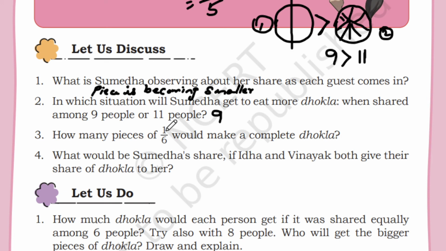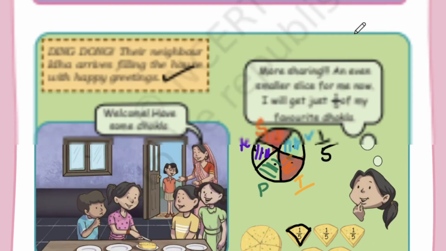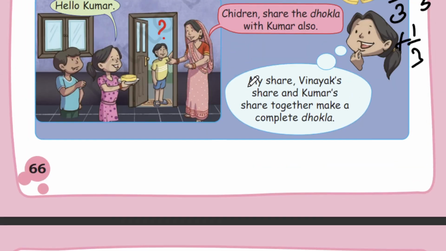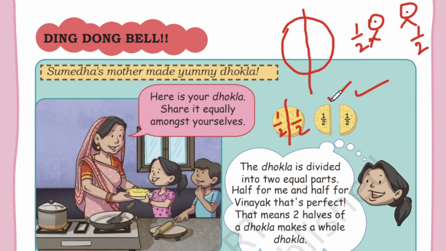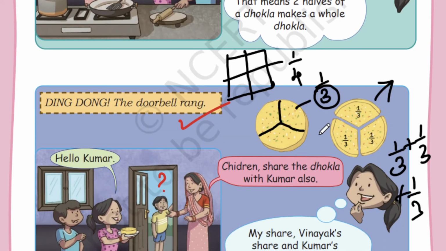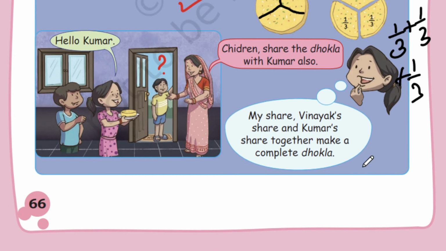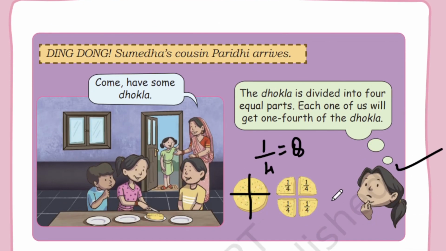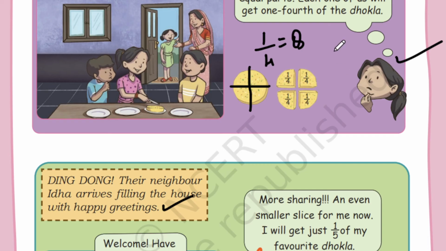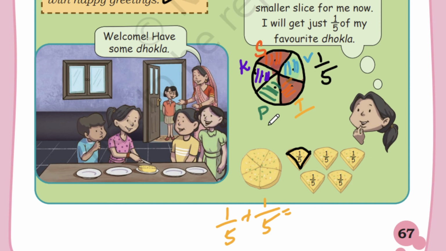Next, how many pieces of 1 by 6 would make a complete Dhokla? Okay, this is a very easy question. So we already know 2 pieces of 1 by 2 make a complete Dhokla. So 3 pieces of 1 by 3 make a complete Dhokla. 4 pieces of 1 by 4 make a whole Dhokla. Here 5 pieces of 1 by 5.